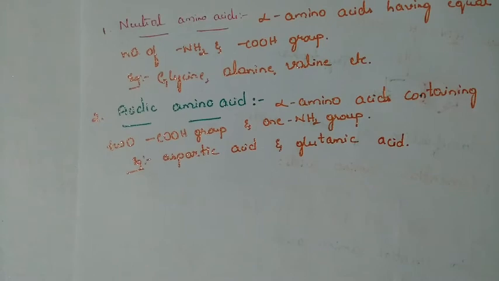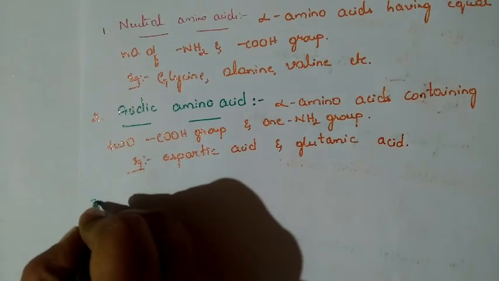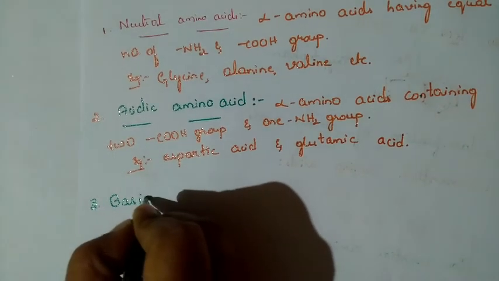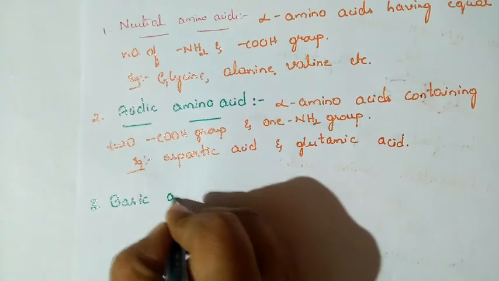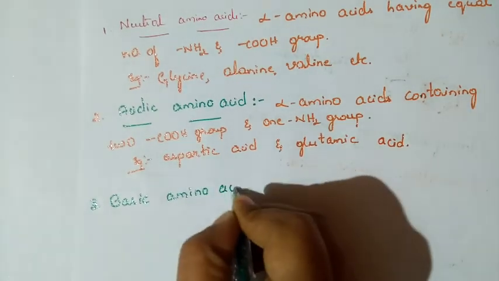Likewise, we have basic amino acid. The basic group is the NH2 group. So same as acidic, the definition has a slight change, that's it.